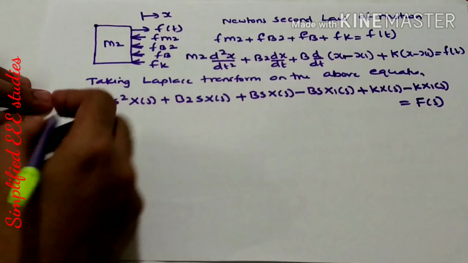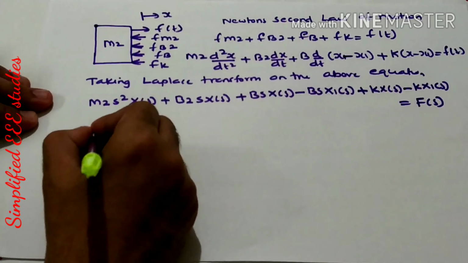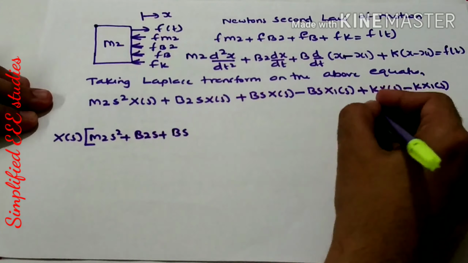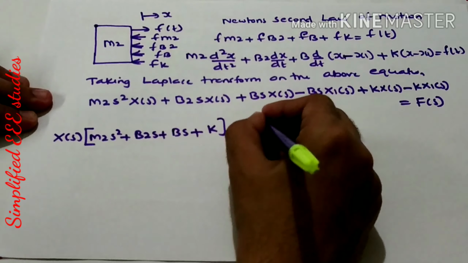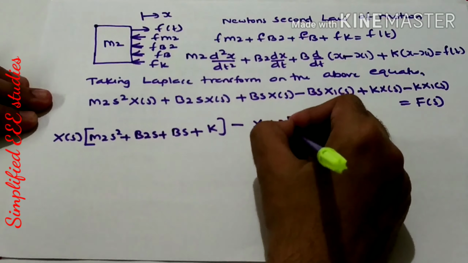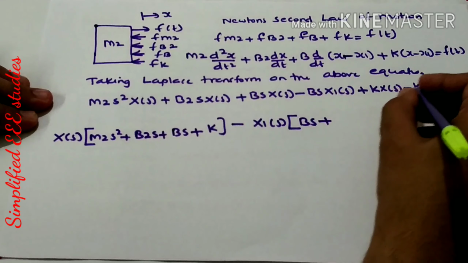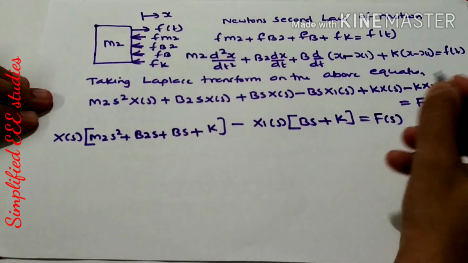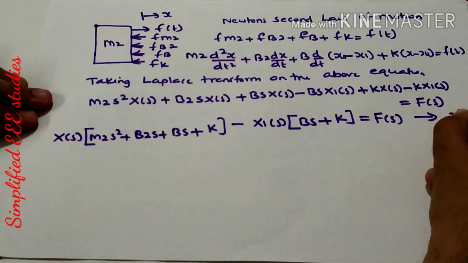Again you need to rewrite. Similar terms can be taken together, common factor. X of s is a common factor here. Then m2 into s square plus b2s plus bs plus k minus, I will be taking x1 of s outside, bs plus k, that is equal to f of s. So this is the thing concerning M2. Please call this one as equation number 2.